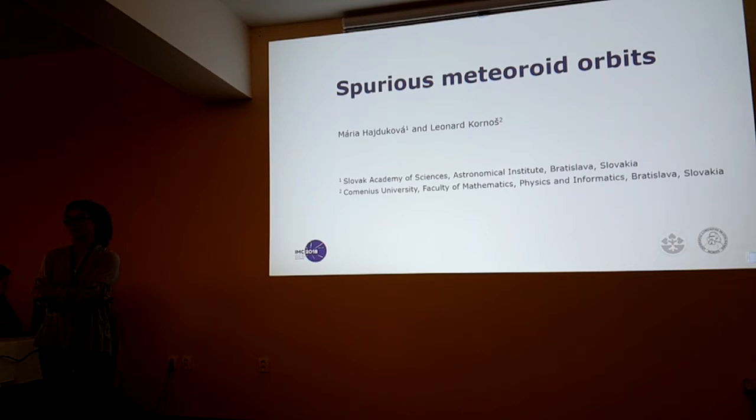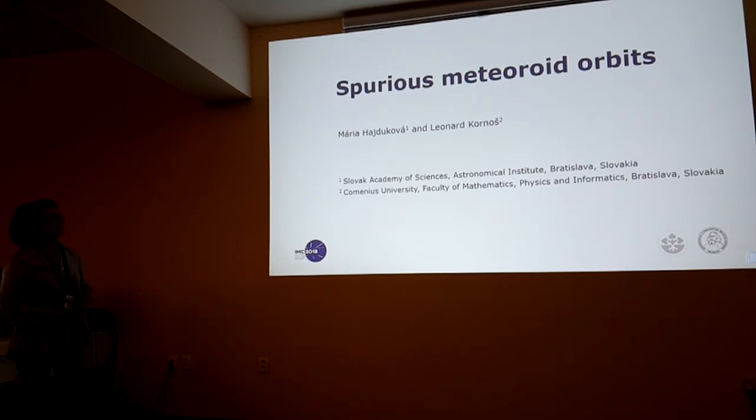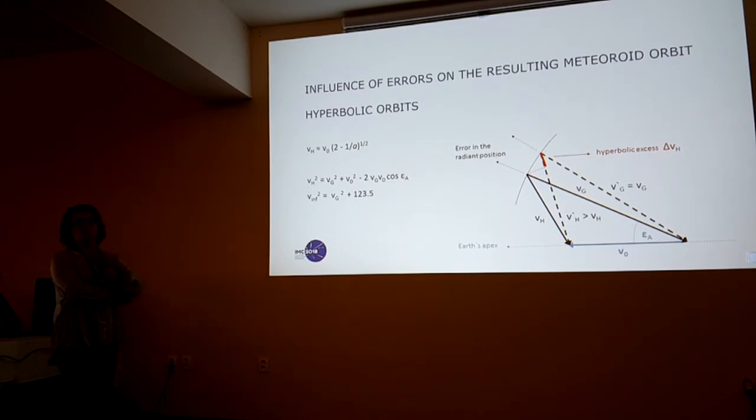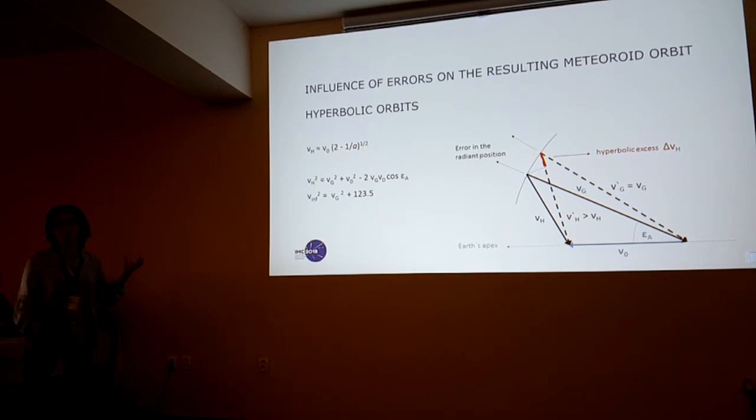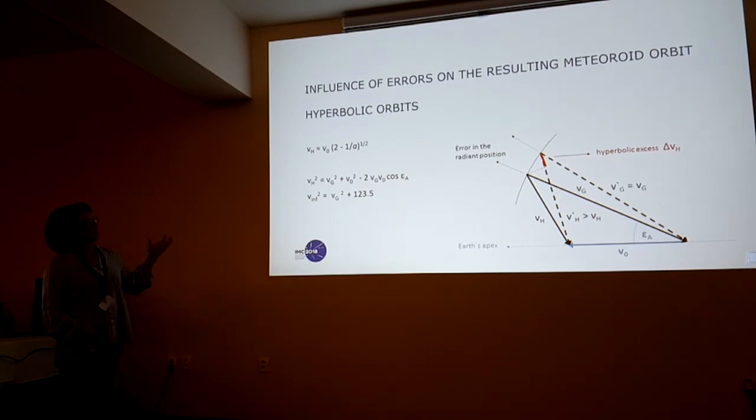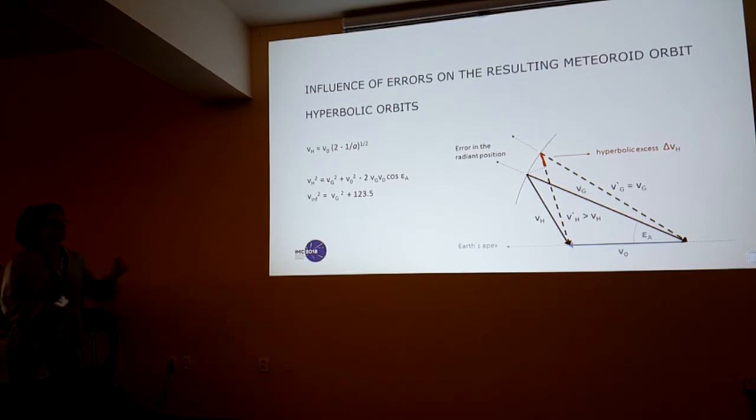So I will just very briefly demonstrate it. I want to say that all that work is based on an older paper of Kresak and Kresakova, who showed the influence or the effect of measurement errors, both in radiant position and in velocity, in one graph, showing correlation between two quantities, which I want to introduce now.